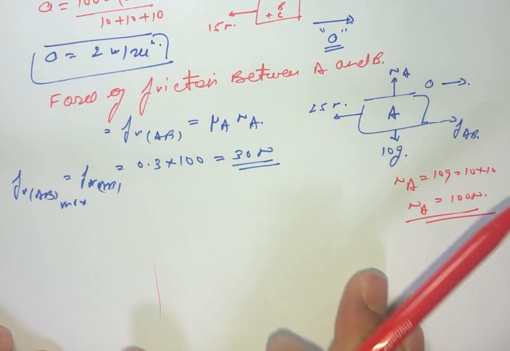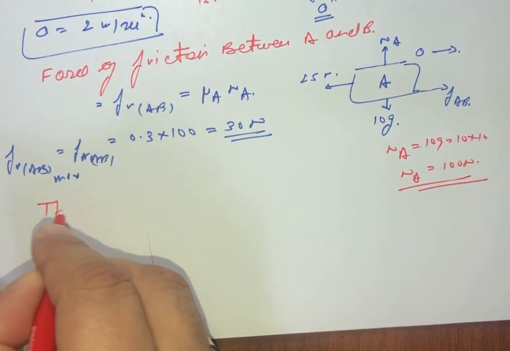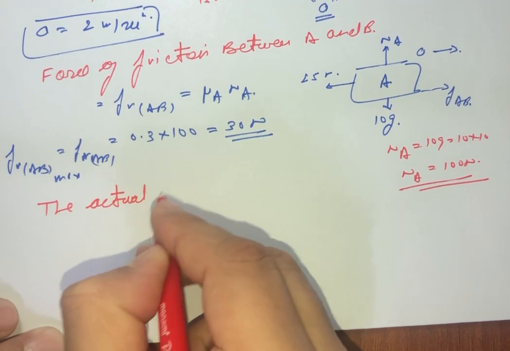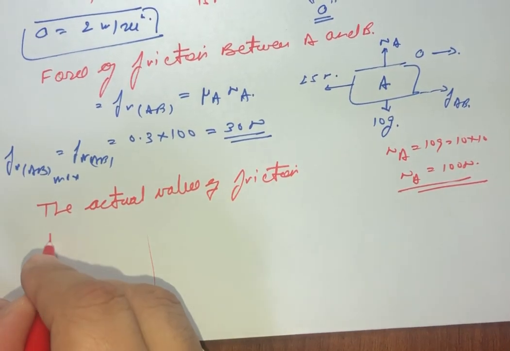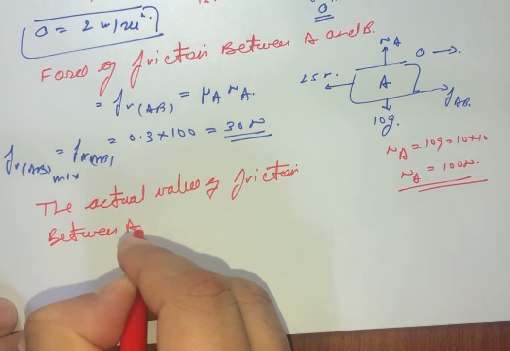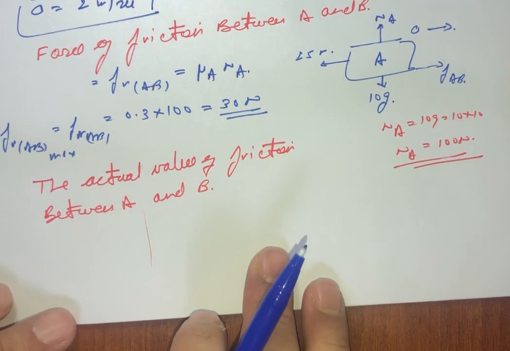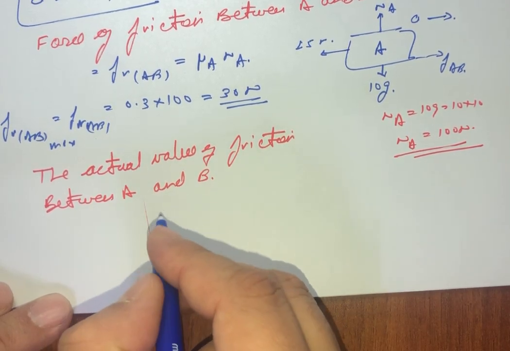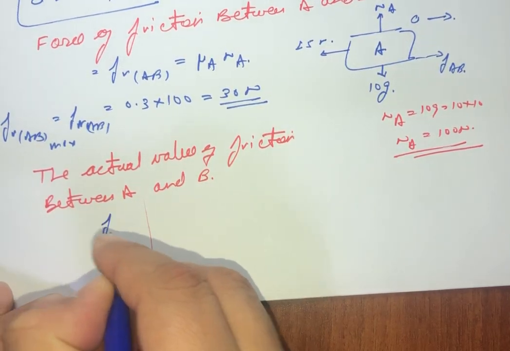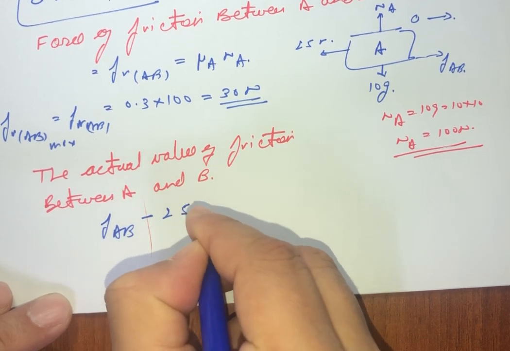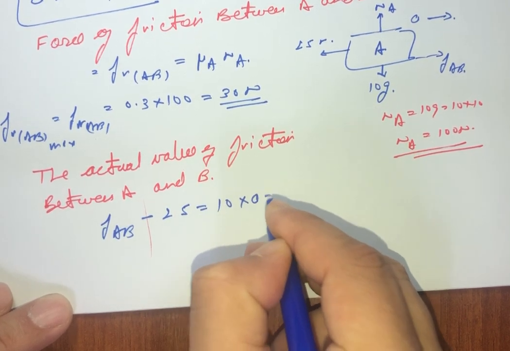Now let us calculate the actual value of friction between A and B. As they are moving towards the right side, the equation is FAB minus 25 is equal to mass 10 multiplied by A, which is the acceleration.